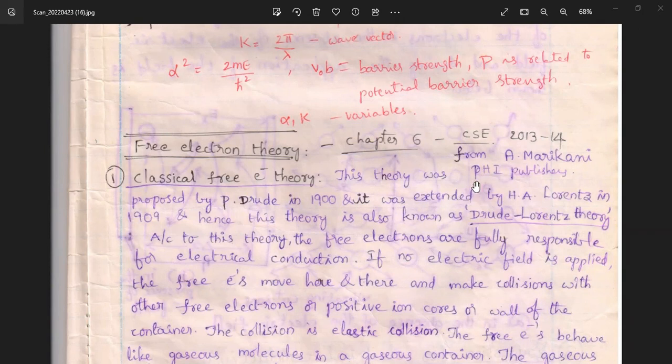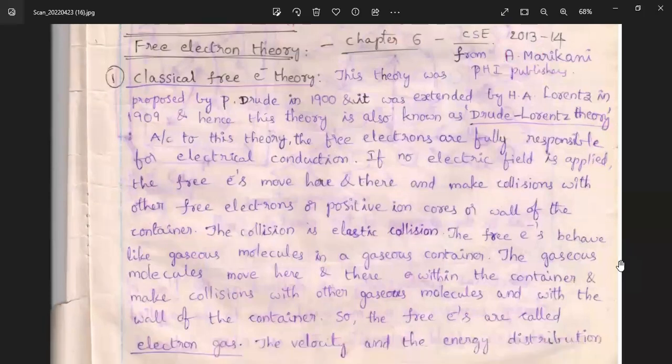According to this theory, the free electrons are fully responsible for electrical conduction. In solids, especially conductors, valence shell free electrons will be there. Free electrons are fully responsible for electrical conduction.